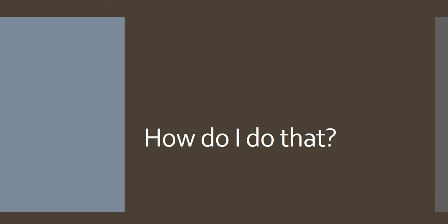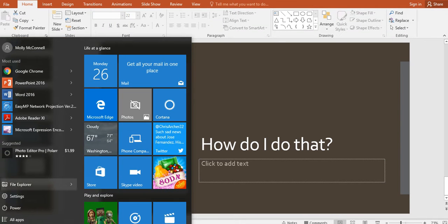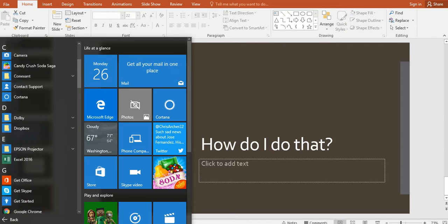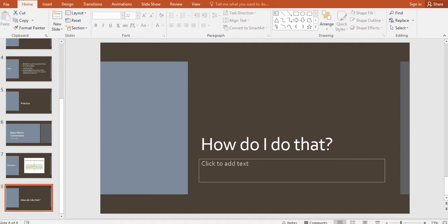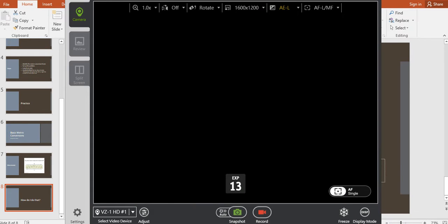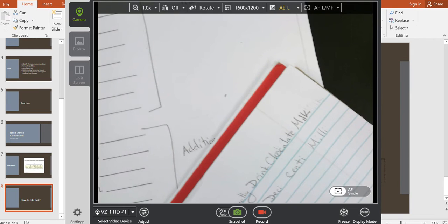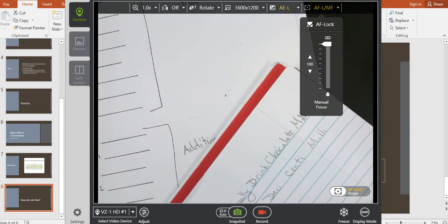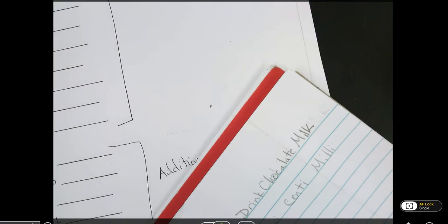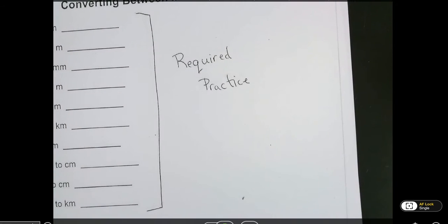Let's look at some examples. I'm going to switch to my DocCam here. So the first one we're going to try is number 1, 52.92 meters to centimeters.